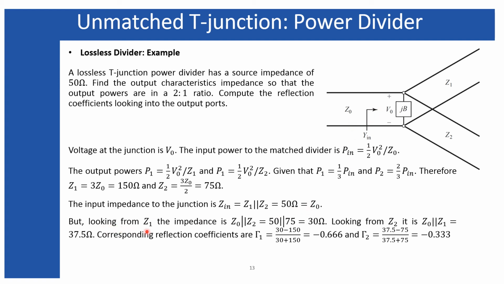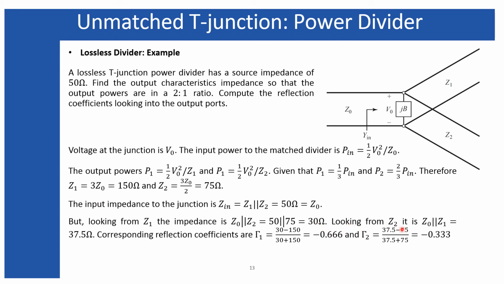But when you are looking from Z1, the impedance being seen from Z1 is the parallel combination of Z0 and Z2, and that is 30 ohm. But since I have obtained Z1 as 150 ohm, and the parallel combination is actually the load to Z1 when you are exciting through Z1, the characteristic impedance and the load impedance are not matched.